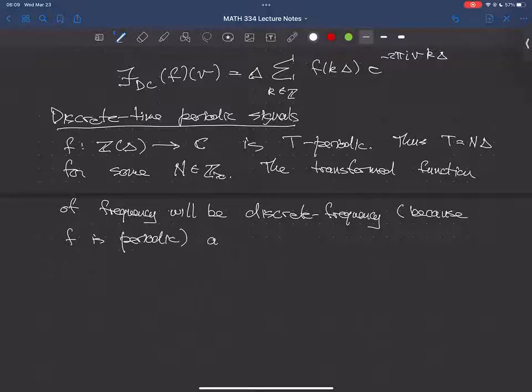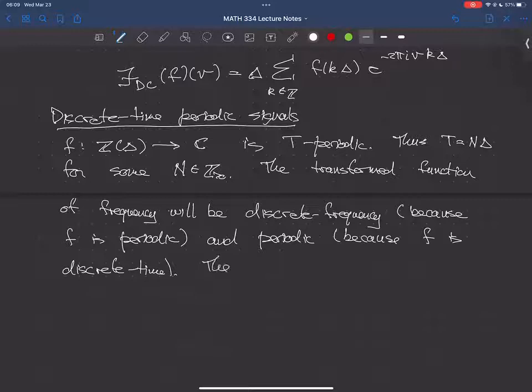And it's going to be periodic, and this is because F is discrete time. All right, so it's discrete frequency.